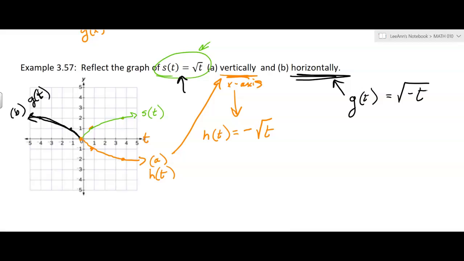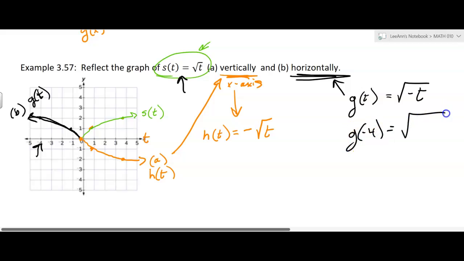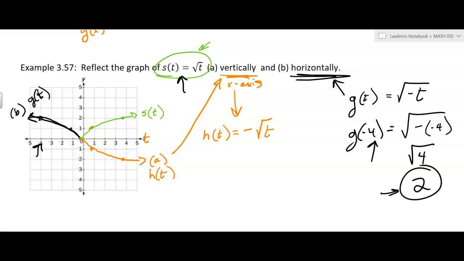Yeah, that's why we had to put in like -4, because then the g of -4 would be the square root of the opposite of -4, which would be the square root of 4, which would be 2. That'd be my output. So that's why I'm getting the point -4, 2. And it's right there. Okay? But that's just a little example of what's going on. So the square root function's fun because it's easier to see the reflections.